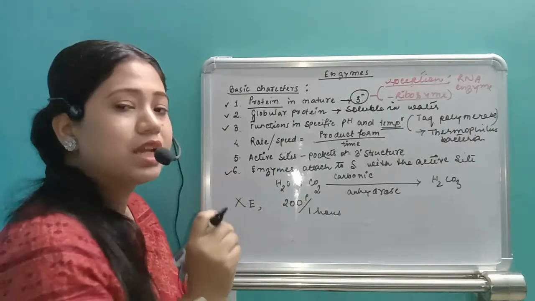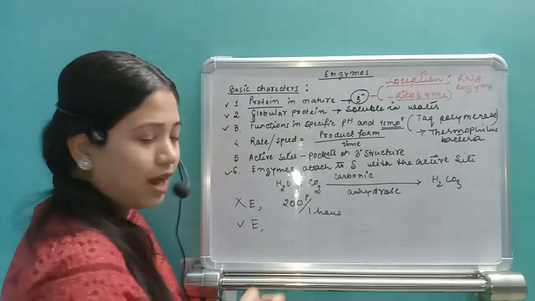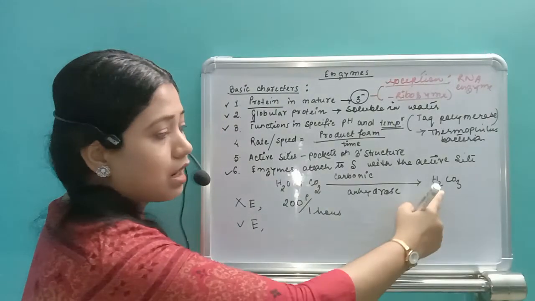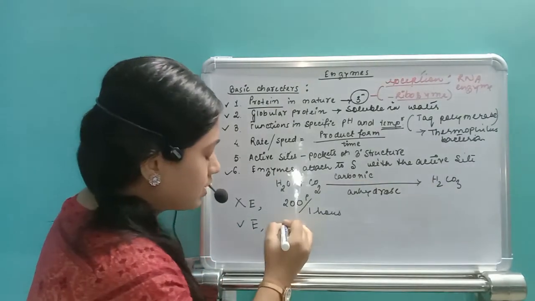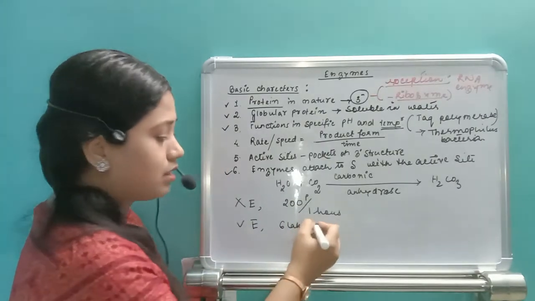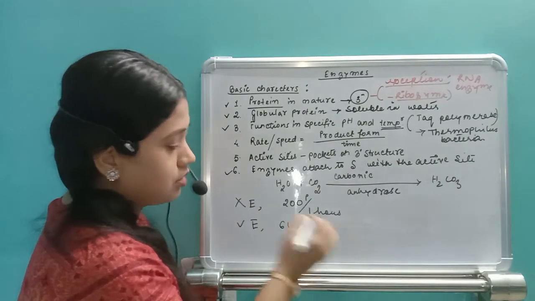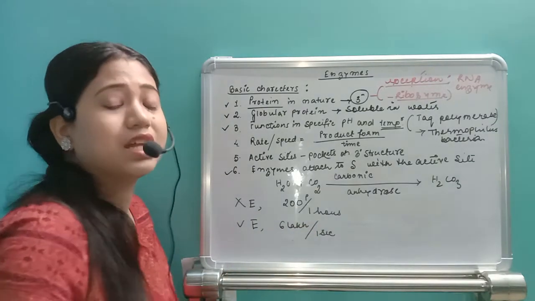So in presence of carbonic anhydrase, the carbonic acid is formed. 6 lakh molecules, 6 lakhs of carbonic acid, will be formed in 1 second. Just see how the rate of reaction gets faster.